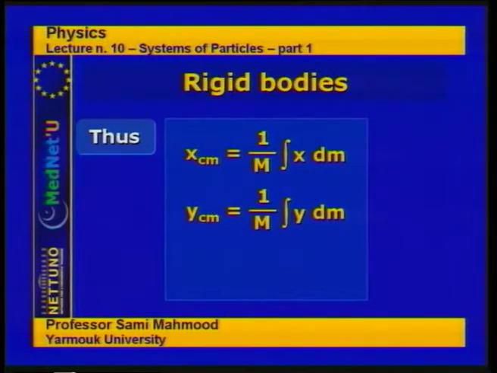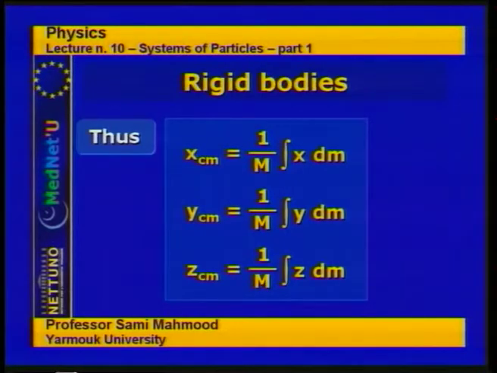And we integrate this over all the coordinates of the body wherever we have mass, and we obtain the value for the y component of the center of mass.